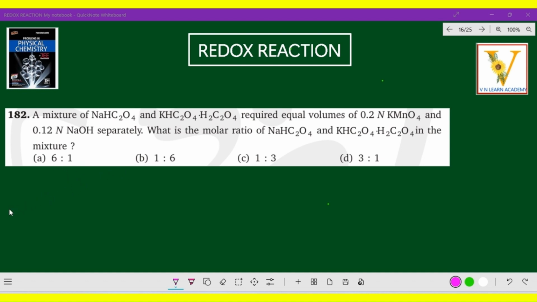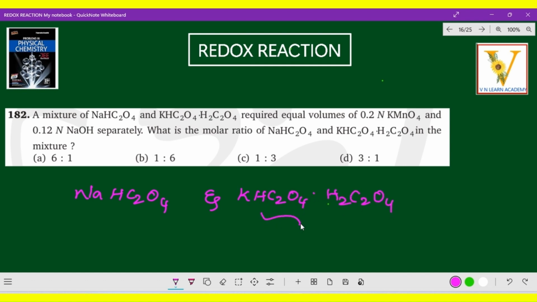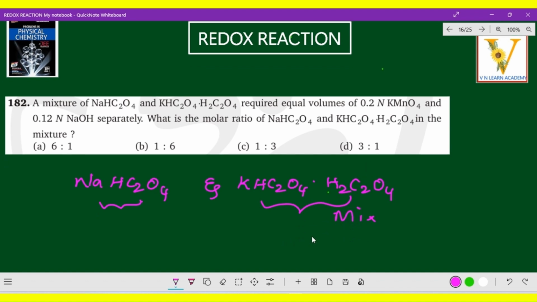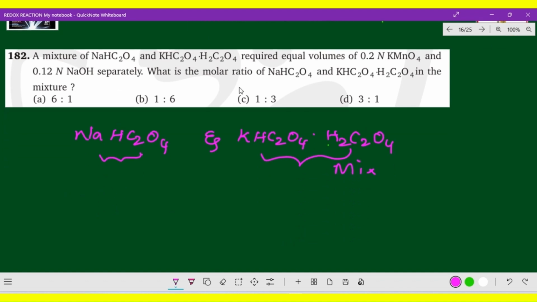Okay, now here as I mentioned, NaHC2O4 and KHC2O4 dot H2C2O4. So these both are a mixture, and this is one compound, right? Okay, so this is a mixture. Please remember, I already explained, but still I would like to mention here. Now we have to identify that normality they have given separately.